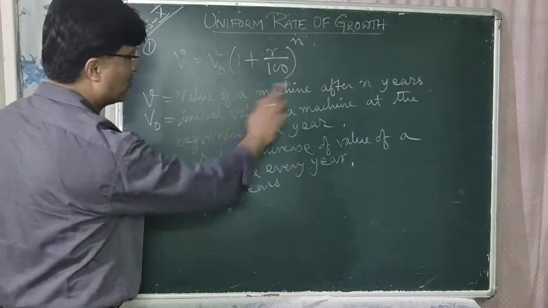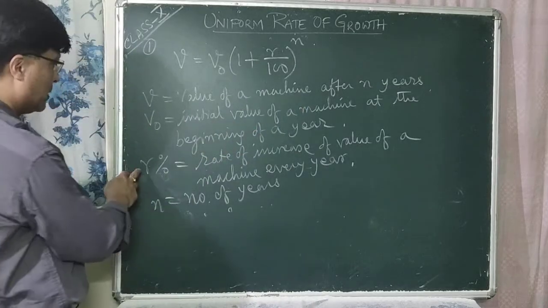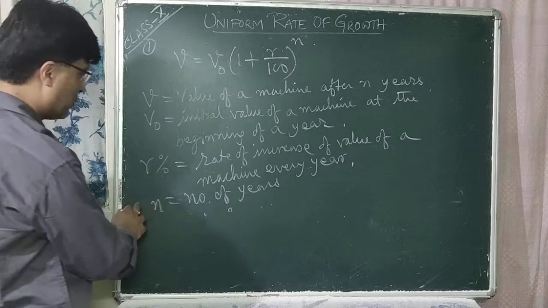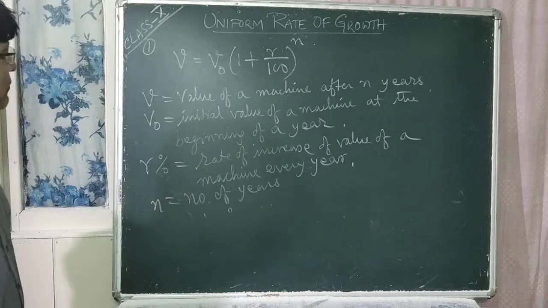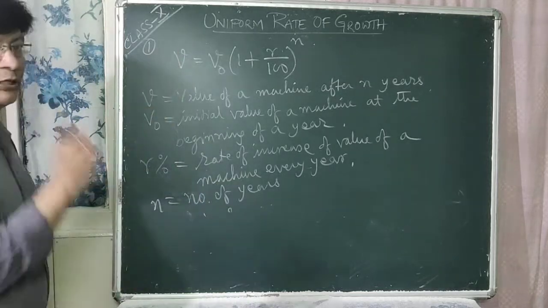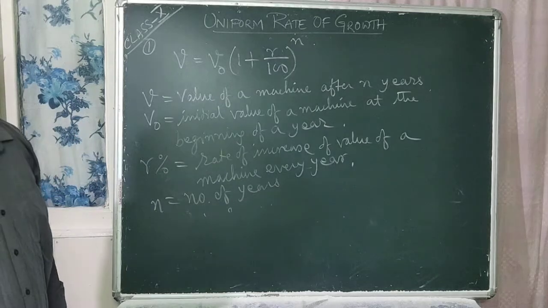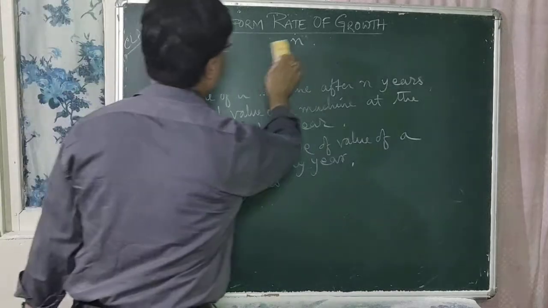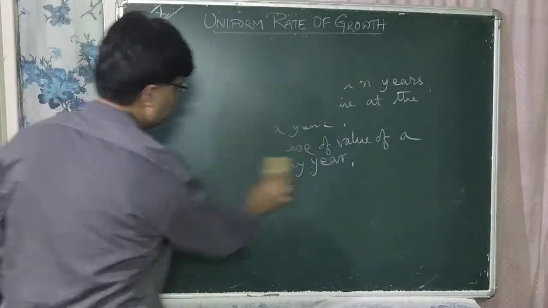V0, initial value of a machine at the beginning of a year. R percent, rate of increase of value of a machine every year. And N is equal to number of years. So this is number one formula. You must remember this. Okay? So next, number 2.